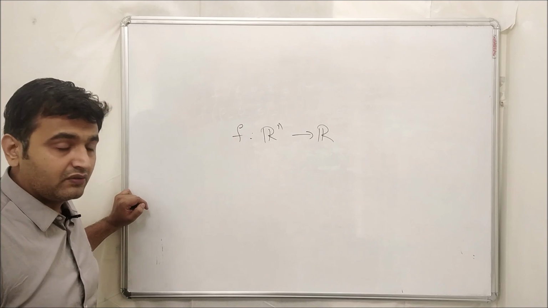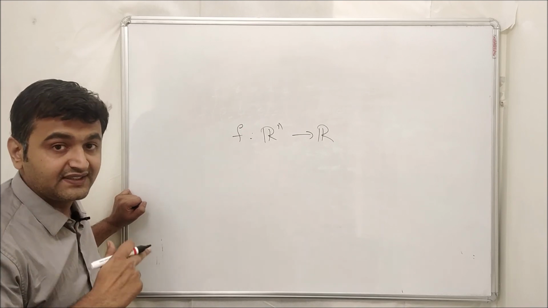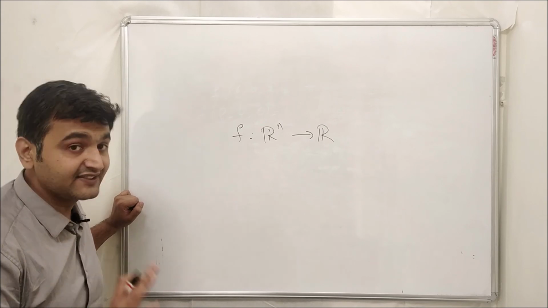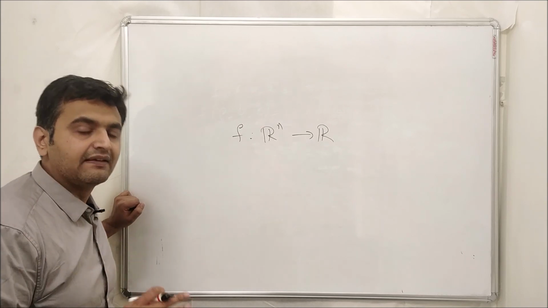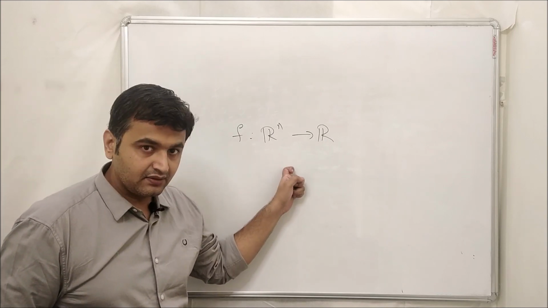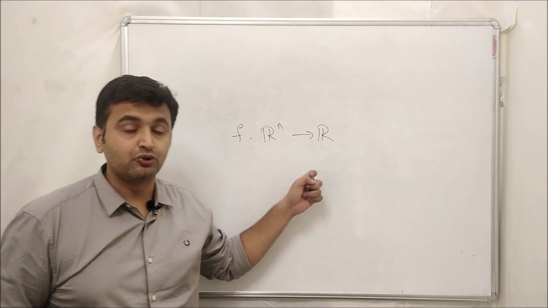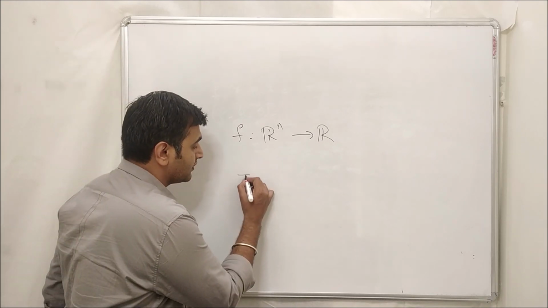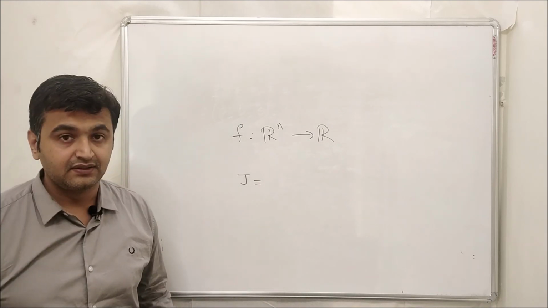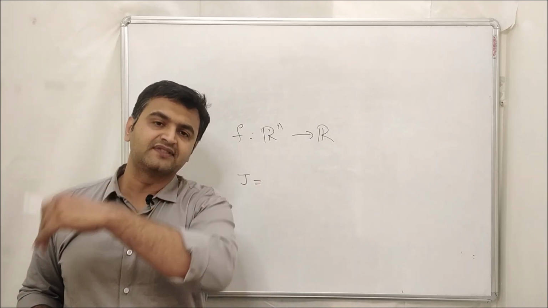What will be the order? 1 cross n. What is the Jacobian for this function? You have seen this already before, but not in the language of Jacobian. So x1 to xn, suppose the output is f of x1 to xn. You have to tell me what is the Jacobian for this function. The answer is in terms of what you have seen already.